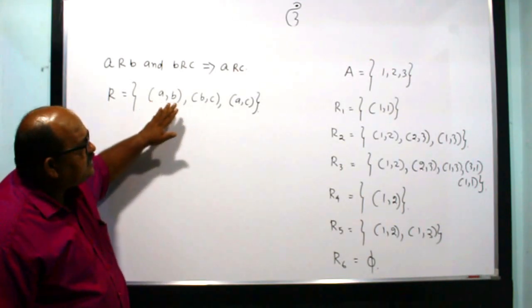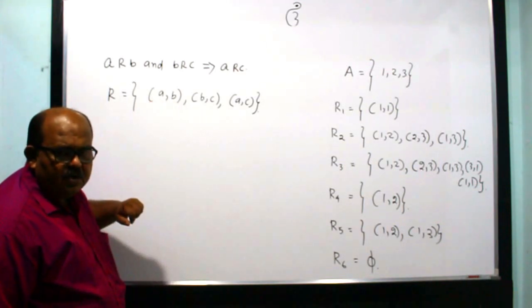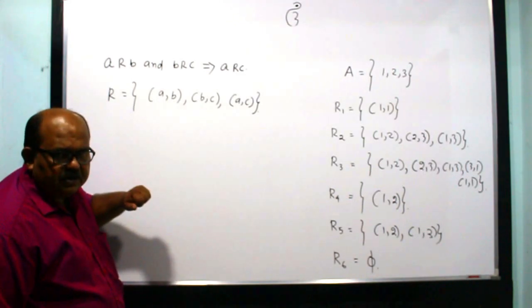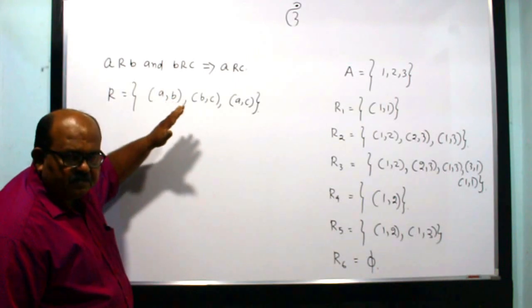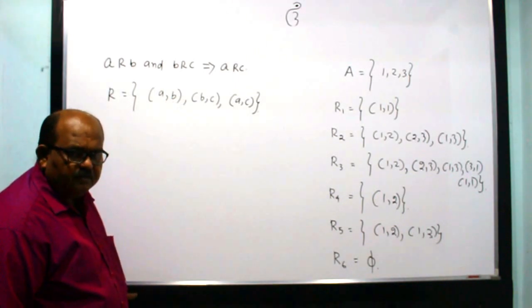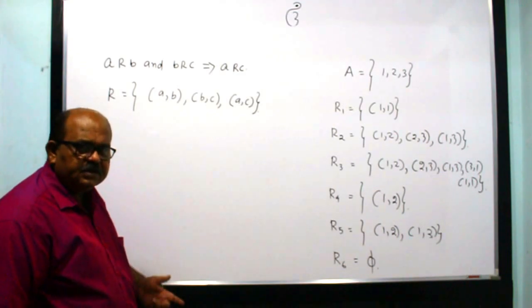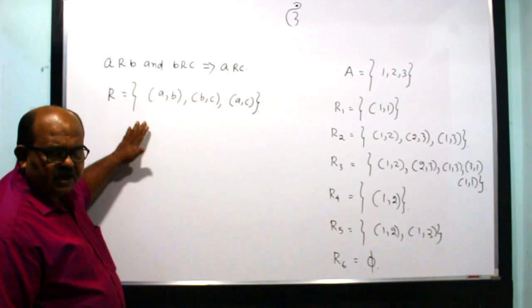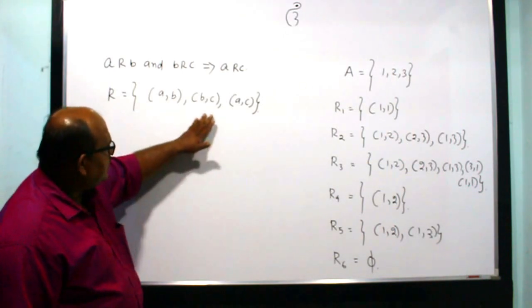If A, B and B, C are not present, only A, B are present, or only B, C are present, or both A, B and B, C are absent, then will it be transitive or not? Yes. As I explained in previous classes, with the logic I have explained, this will be transitive.